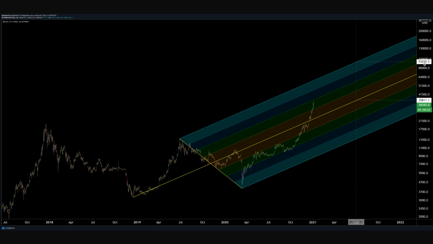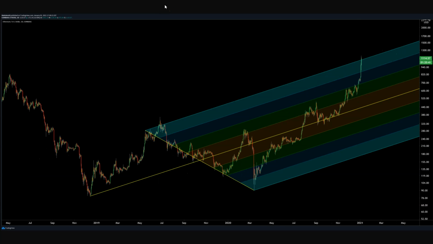So you can make crazy target predictions like 93K by July and say that's probably going to be the maximum upside potential at that point in time. The 33K price target was from a Pitchfork back here that had a median line at 33K by July. So to me, this is saying 35.8 is the median target by July this year, and then 6 figures max by the end of the year based on this current rate of change.